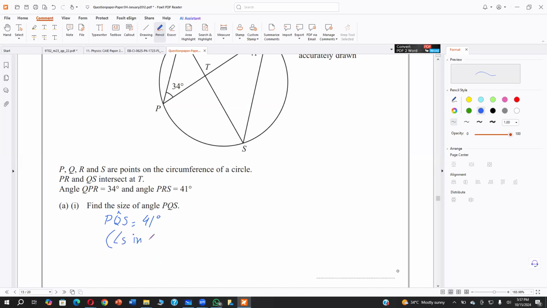Angles in the same segments are equal. So that's the first part.